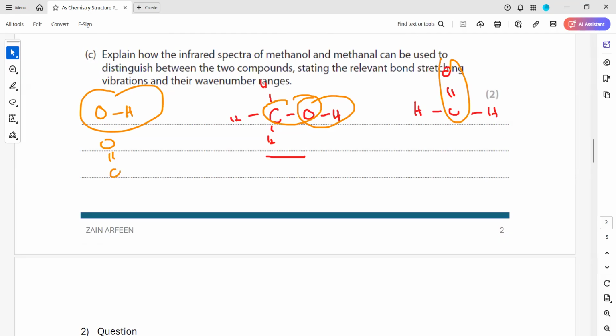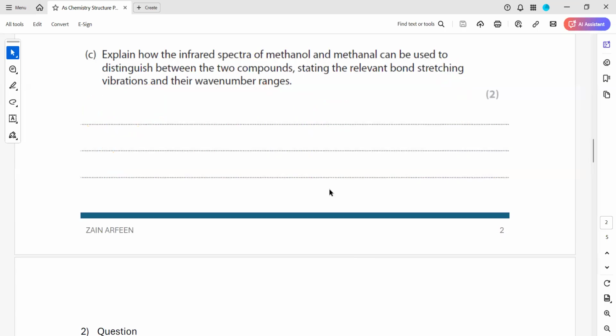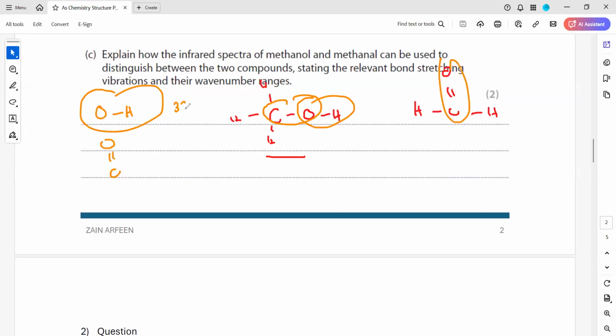It's usually from 3,750 to 3,200. Usually the value for this bond stretching is 3,750 to 3,200.